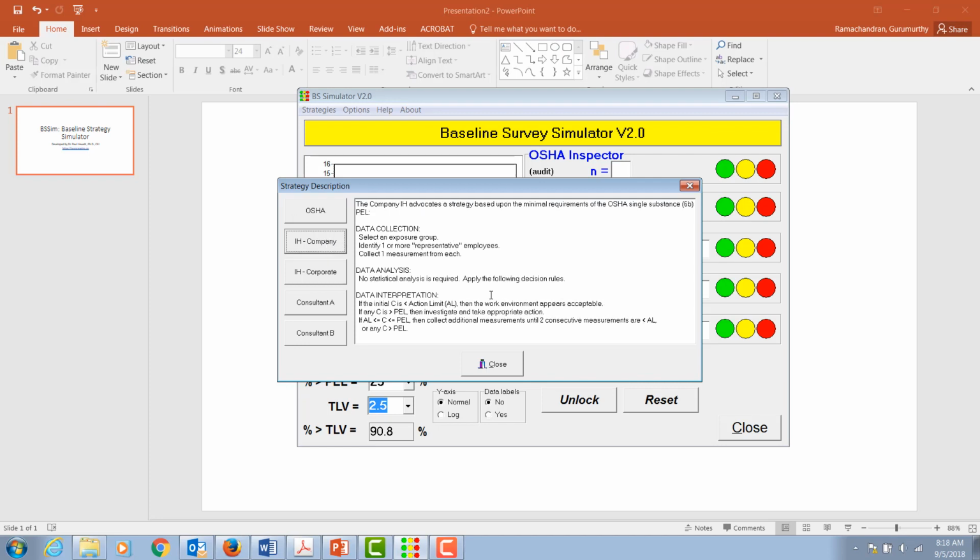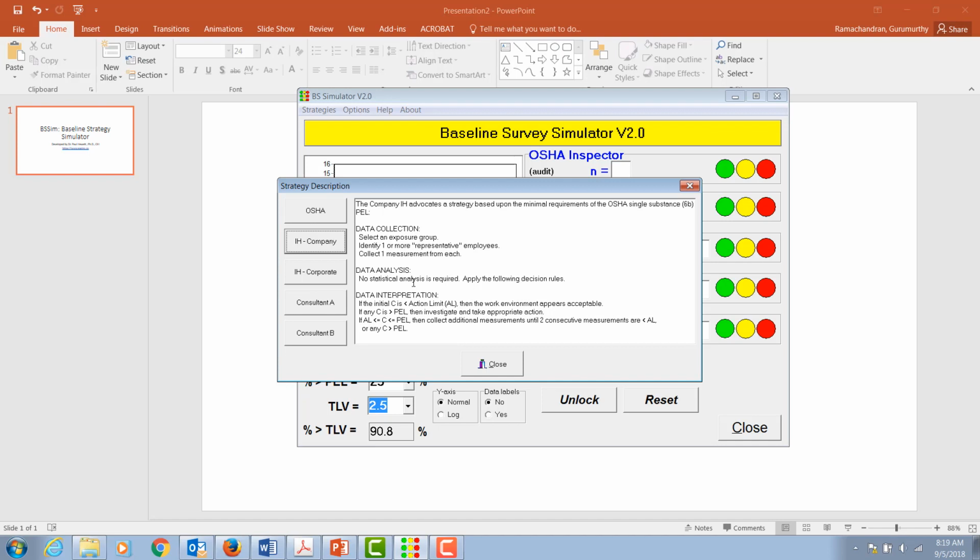There is another strategy called the IH company, and here the company IH advocates a strategy based on minimal requirements of the OSHA single substance PEL. And here again, the strategy is to select an exposure group, identify one or more representative employees, and collect one measurement from each.